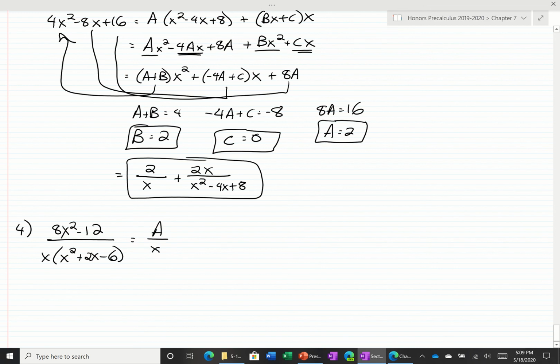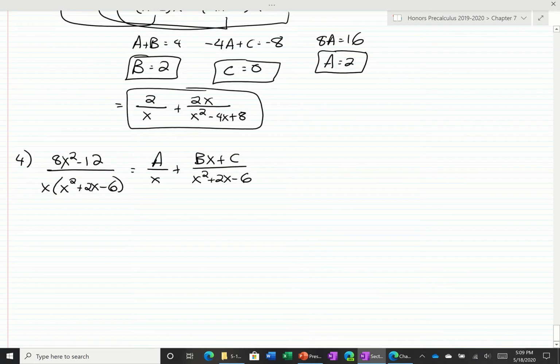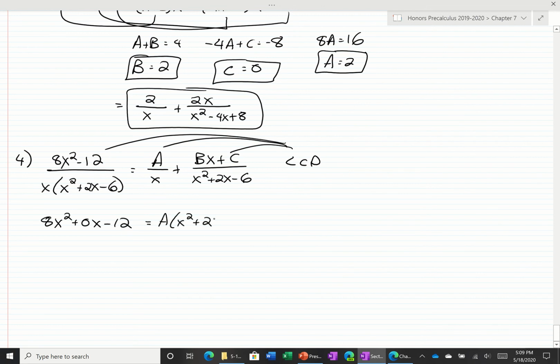Right, a over x plus (bx plus c) over (x squared plus 2x minus 6). And if we multiply by our LCD, we get 8x squared plus no x minus 12 is equal to a times (x squared plus 2x minus 6) plus (bx plus c) times x.